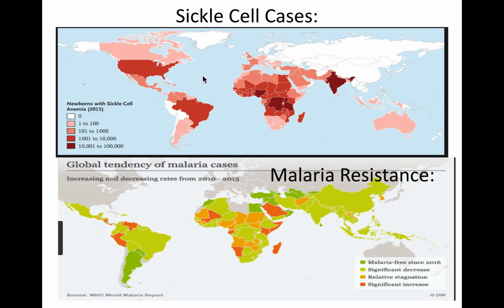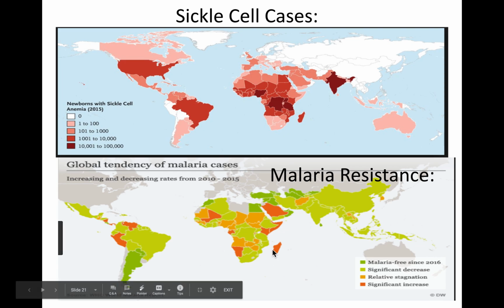But if you are a carrier of it, meaning you have the dominant trait to have normal blood cells but you are carrying the recessive trait, you are actually resistant to malaria. And if you notice, in Africa, which still has the largest number of malaria cases, though it is decreasing, they have become more resistant to it because many people are sickle cell carriers, not that they have it, but they are carriers of it.